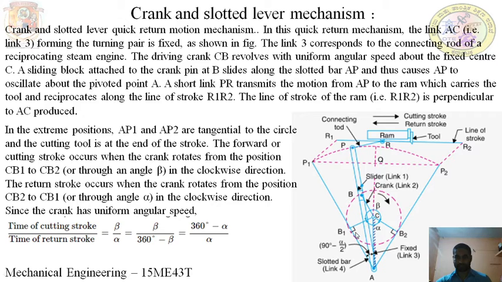So the CB rotates with the fixed center C. AP1 and AP2 are the positions of the slotted bar AP.